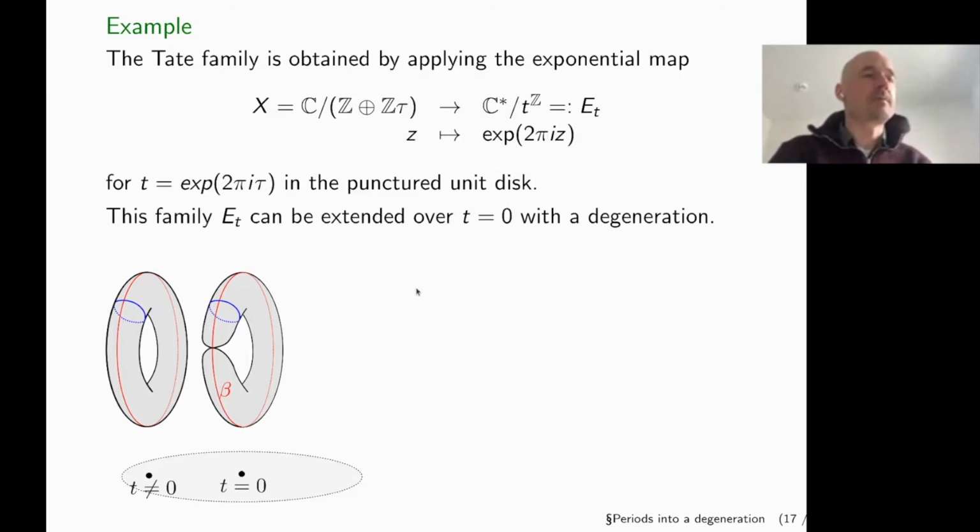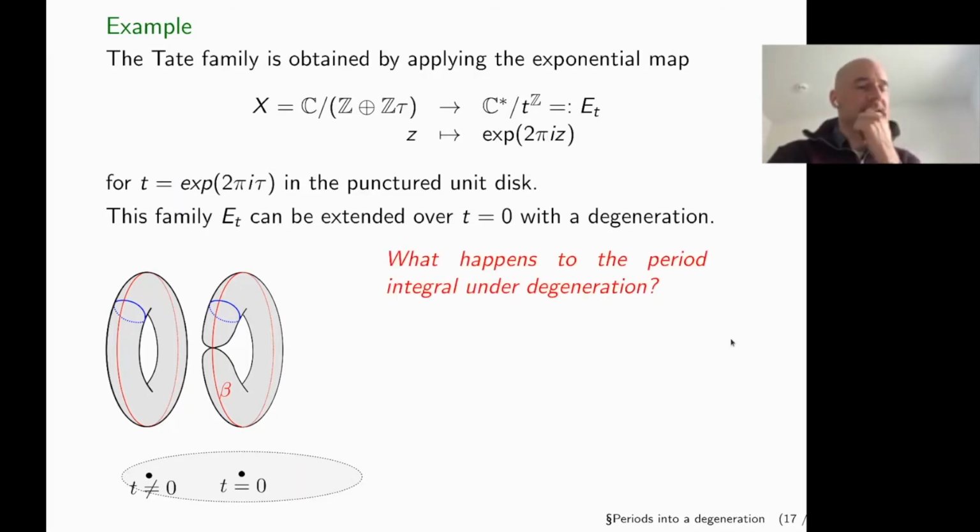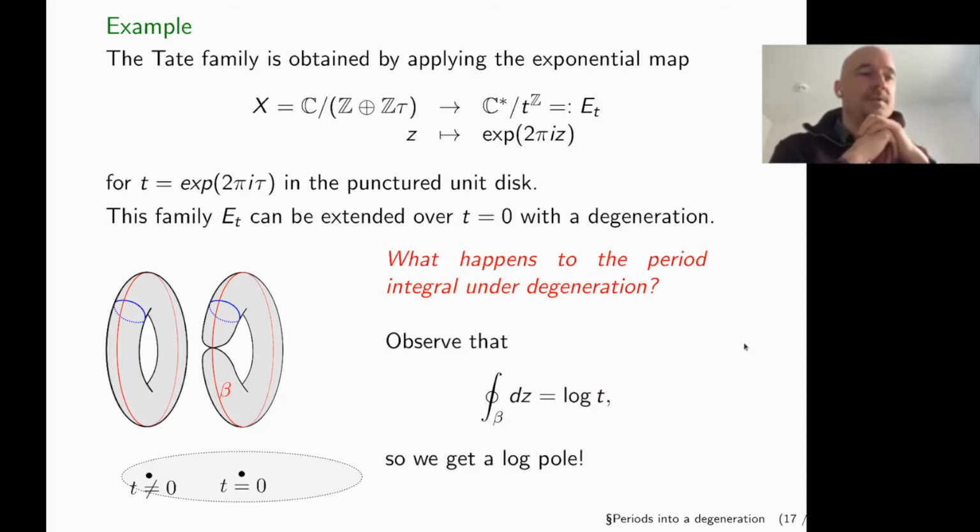What happens with my period integral? Where does the period go when T goes to 0? Well, because we've already computed the period, we can say exactly what it is. So the period, remember, was tau. So if T is my parameter now, to get back to the period tau, I have to take the logarithm of T effectively. Okay, 2 pi i is maybe missing, I'm not sure.